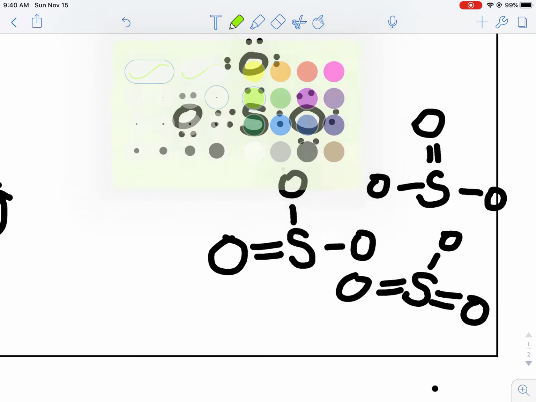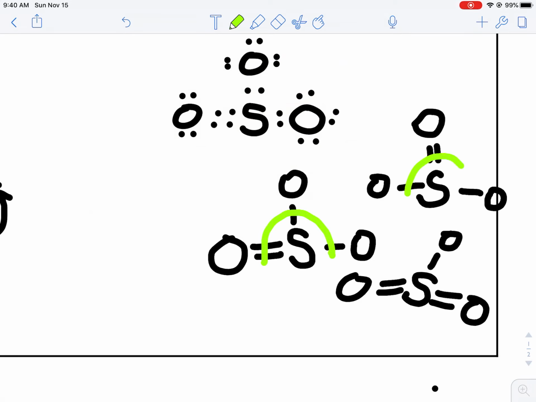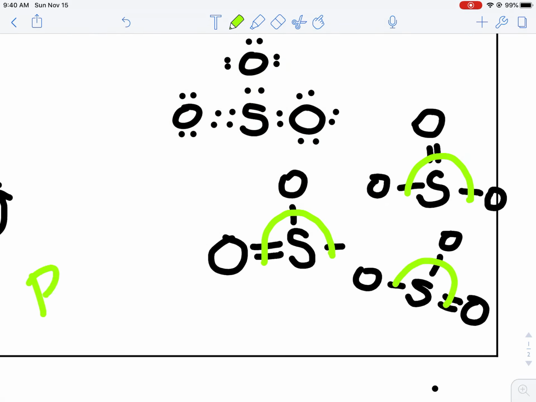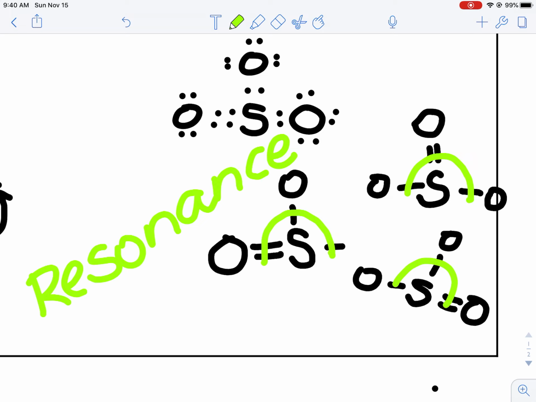In real life, this double bond does in fact fluctuate, and it rotates, and it moves, and it does go between all of the positions. And that is called resonance. So in real life, each of these bonds is really like 1 1/3, because there's no real way to know which oxygen atom the double bond is existing between, because it's sulfur with 3 identical oxygen atoms.